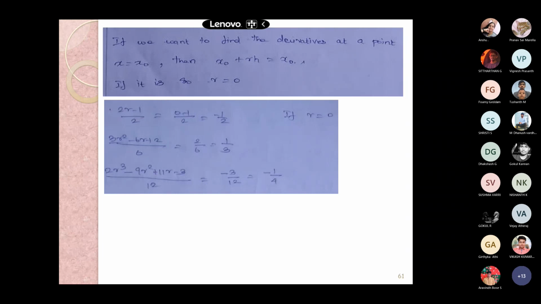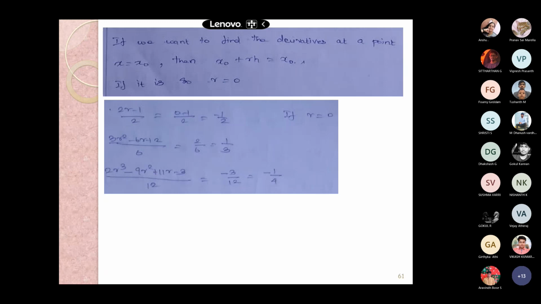Therefore, r has to be 0, right? When r is 0, by applying r as 0 in these coefficients, we will get other, reduced coefficients. Instead of 2r minus 1 divided by 2, applying r as 0, I am getting minus 1 by 2. In the same sense, 1 by 3 and minus 1 by 4.